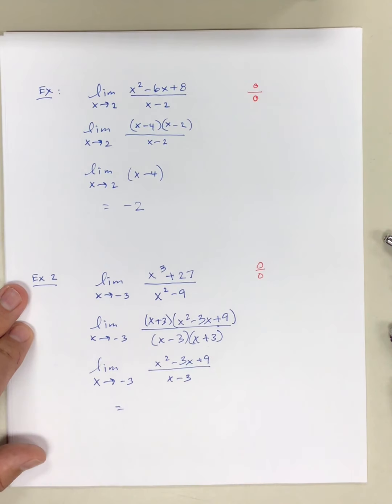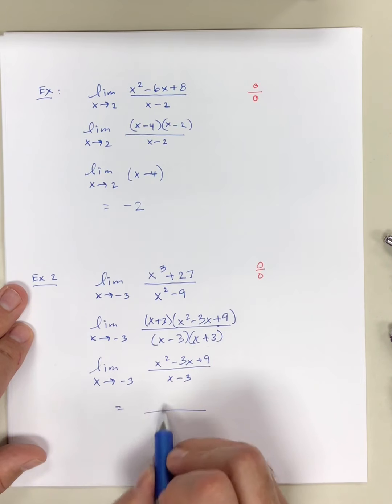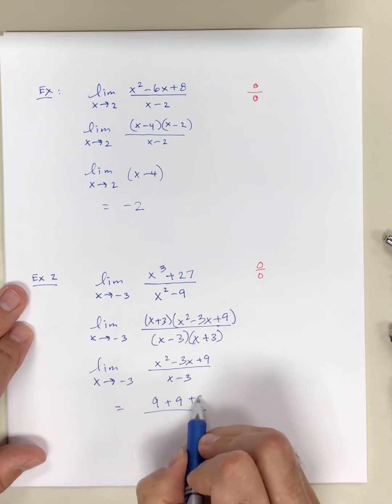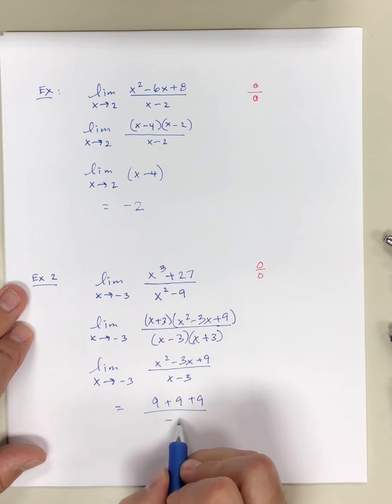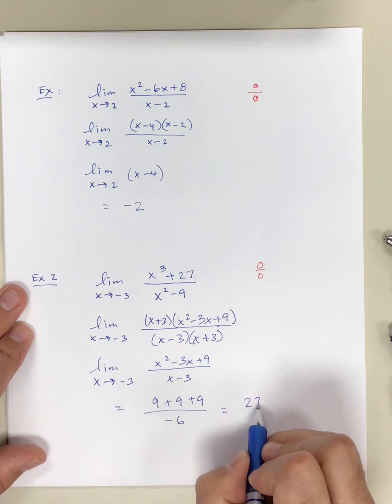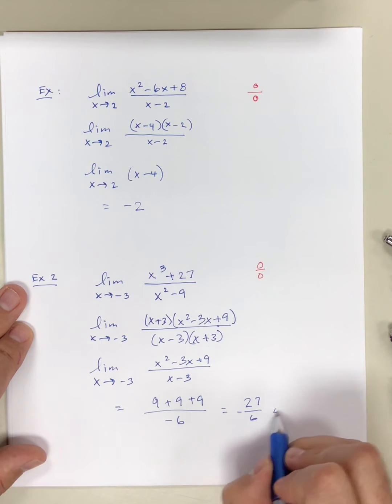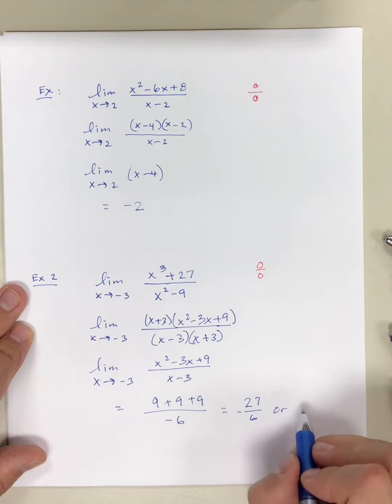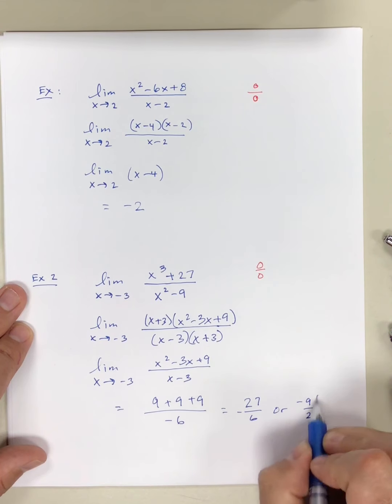So we can evaluate this limit just with direct substitution. And plugging in negative 3 gives us 9 plus 9 plus 9 over negative 6. So we have 27 over negative 6, or in simplest form, negative 9 halves.